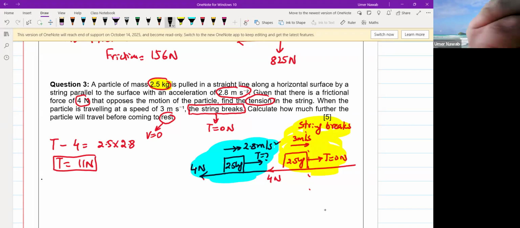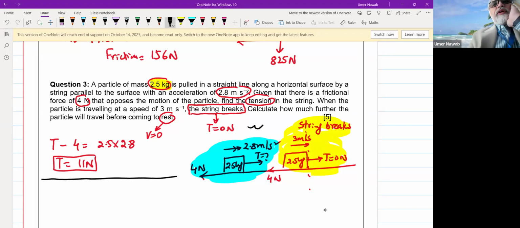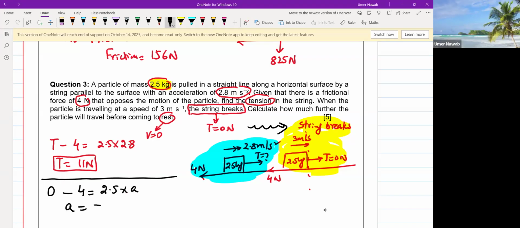Can I apply Newton's second law again? So since the particle is moving in this direction, tension is 0 minus the friction, which is 4. Mass is still the same, 2.5 times A. So this helps me to find how much deceleration will be produced in the body.